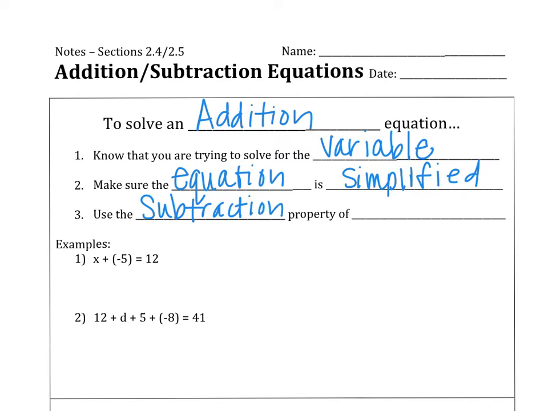So it's the opposite. We're going to use the opposite property of what we're actually doing. So if we're doing an addition equation, we're going to use the subtraction property of equality. Let's take a look at some examples of what this looks like.